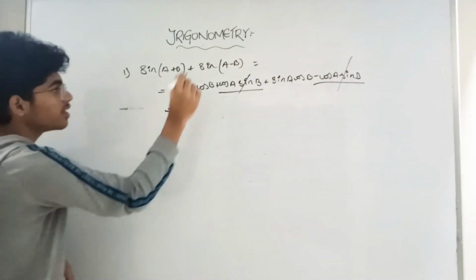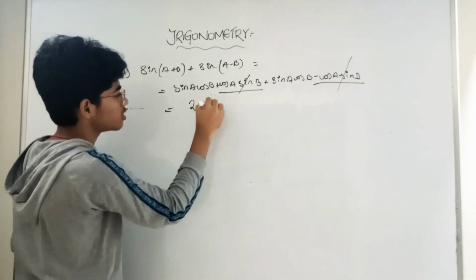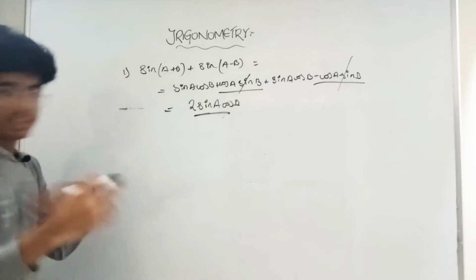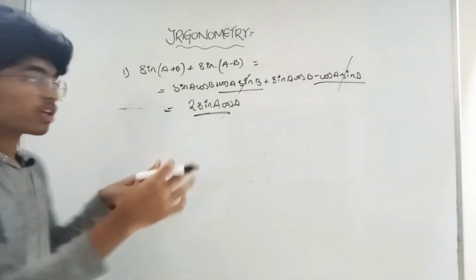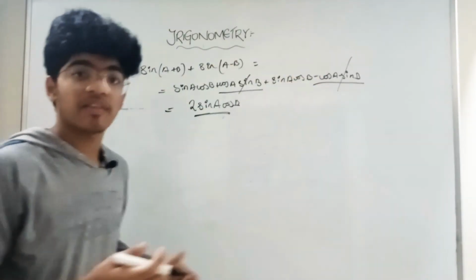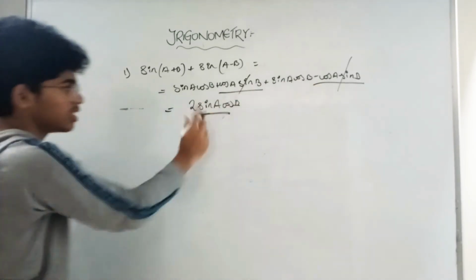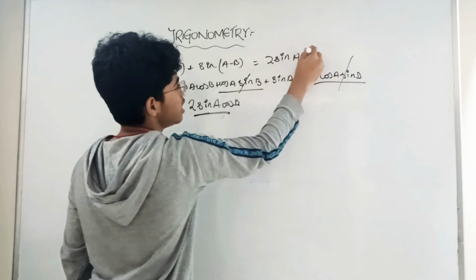So next we have sine a cos b plus sine a cos b equal to 2 sine a cos b. So next time if you see any question in this form, sine of a plus b plus sine of a minus b, you don't need to do the whole thing, and if they give any values for a and b, don't start calculating the whole thing, but instead do this: 2 sine a cos b.